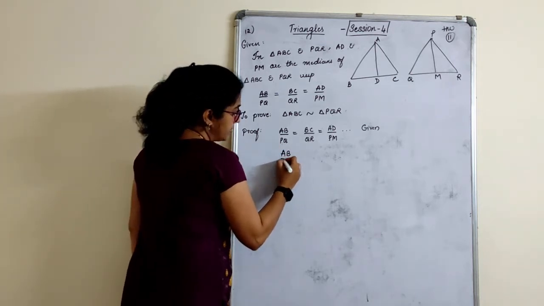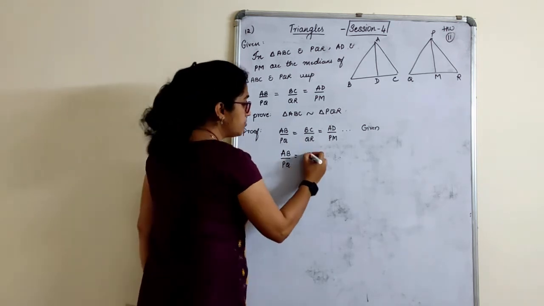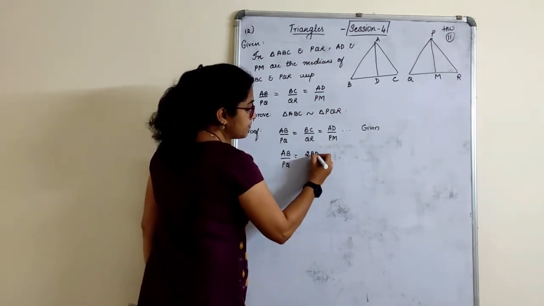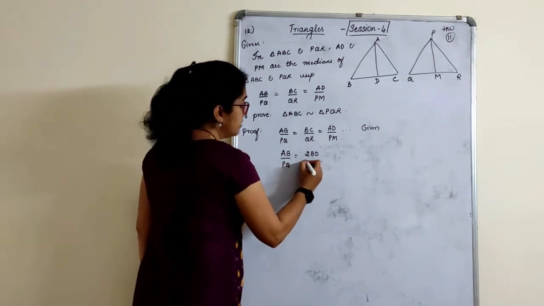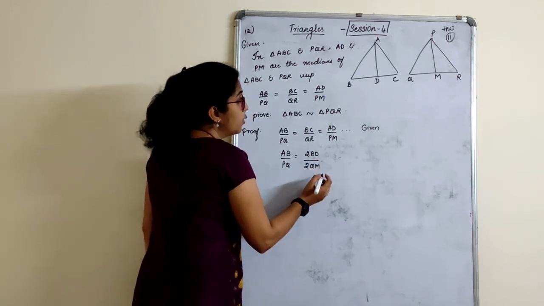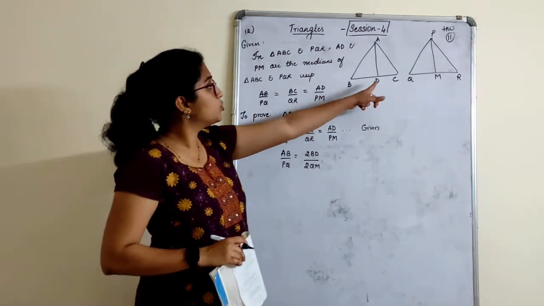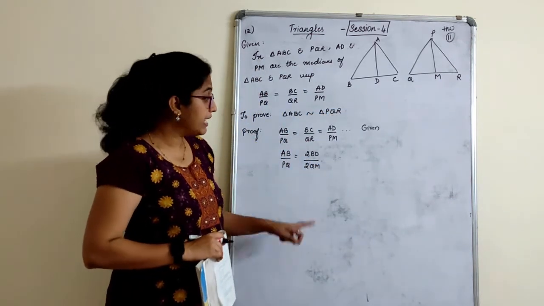So I will write BC. Can I write BC as 2 times BD? Correct, no? Because D acts as a midpoint. And QR can be written as 2 times QM. Why only QM? I can choose even 2 times CD and 2 times MR, right?